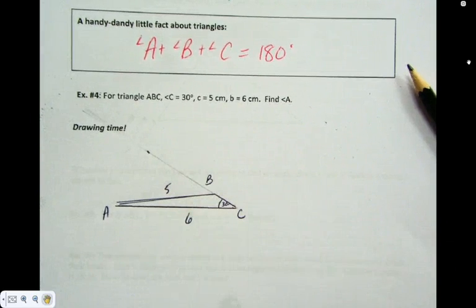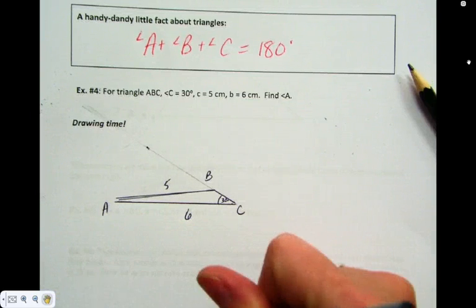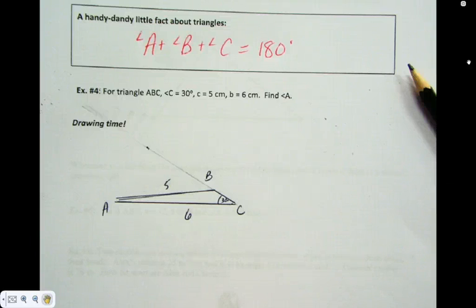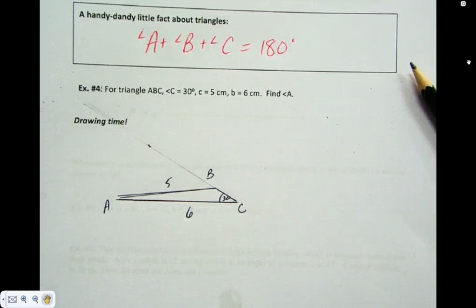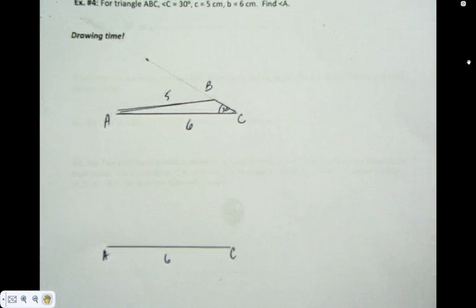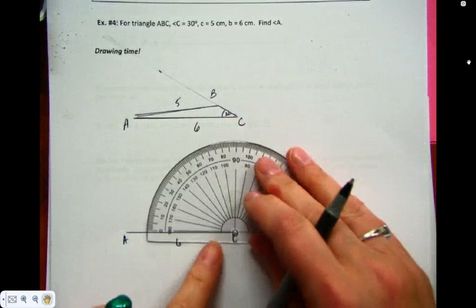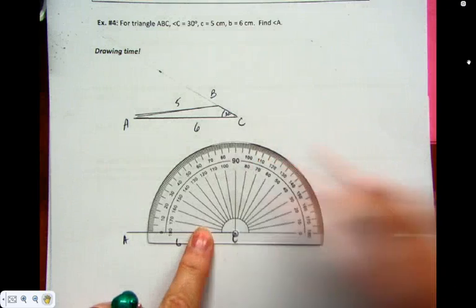I'm going to redraw the exact same thing. I'm going to go 6 centimeters along the bottom again. I'm going to measure that angle of 30 again and just put that little tick.